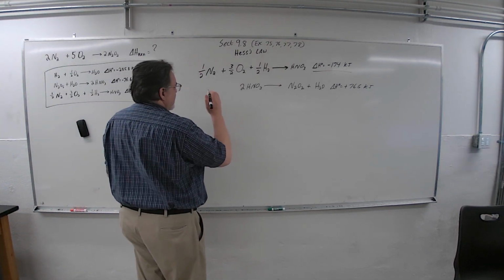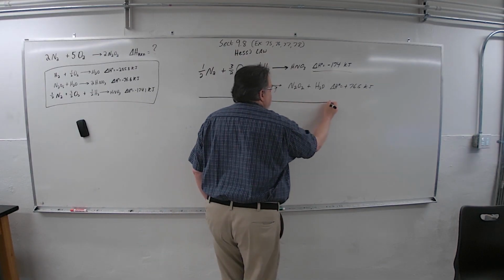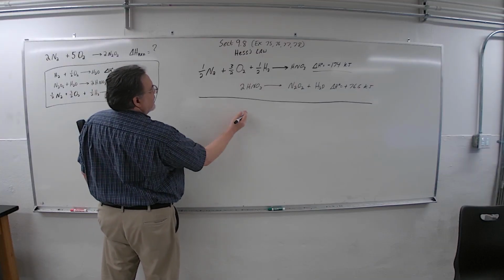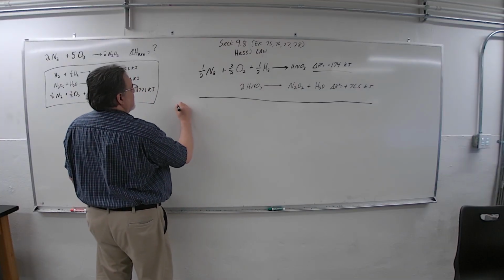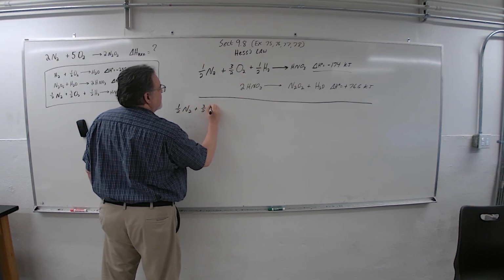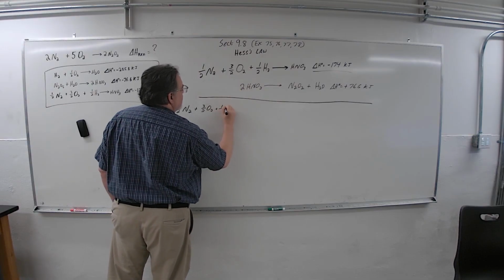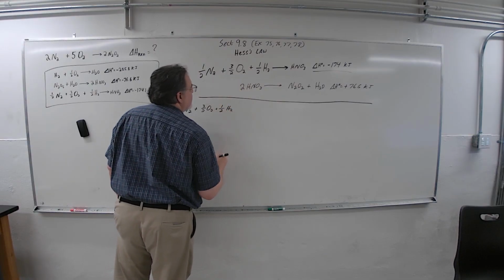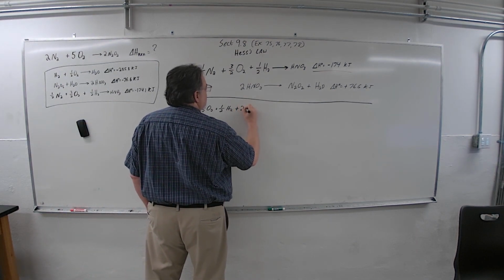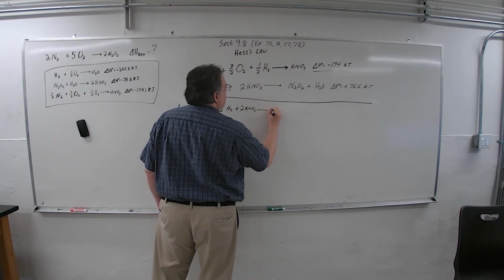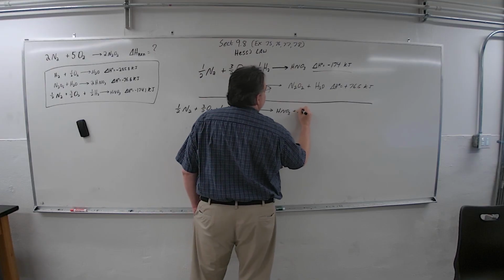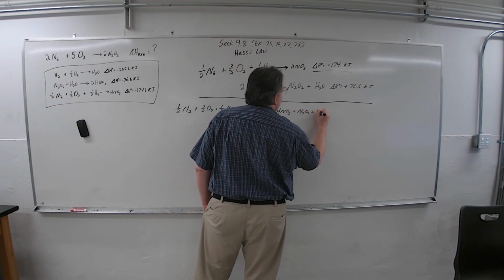What you can do when you have a reaction like this is just add things up. On the left side I have 1/2 N2 plus 3 halves O2 plus 1/2 H2 plus 2 HNO3, which makes HNO3 plus N2O2 plus H2O.